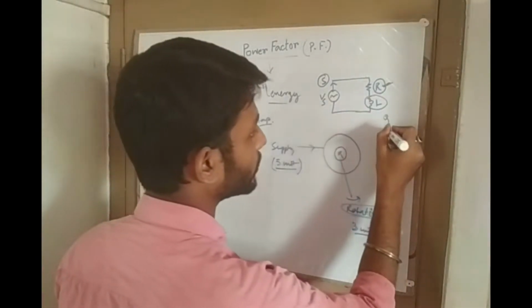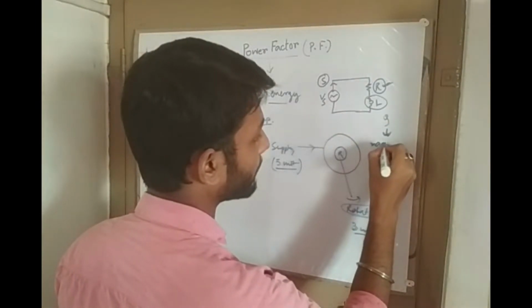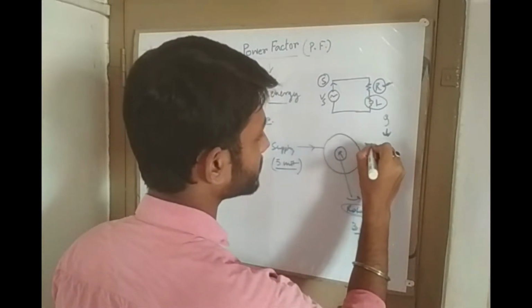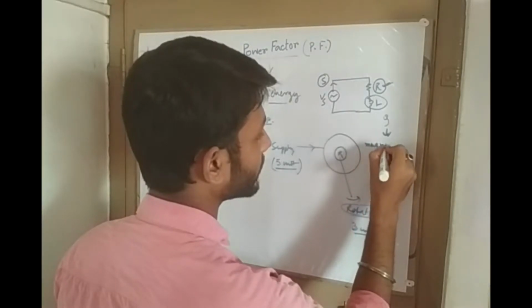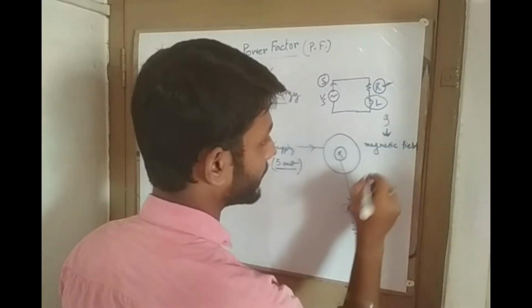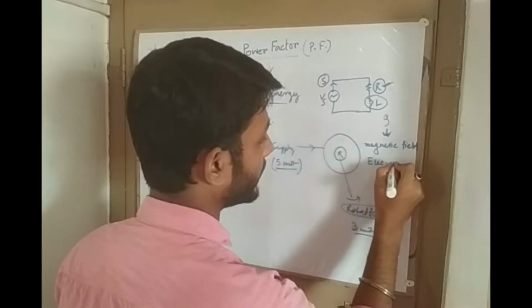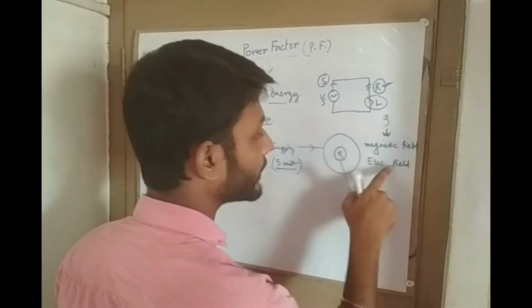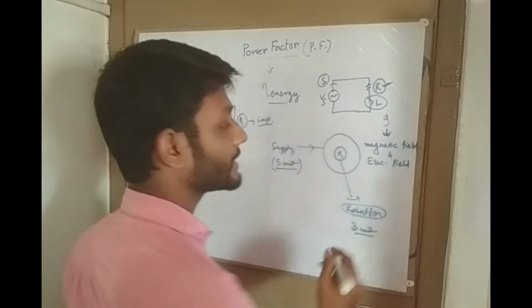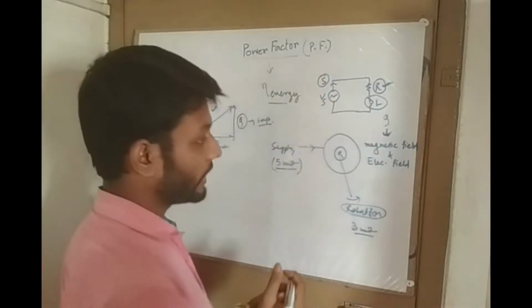So this Q is used in magnetic field or electric field also, such as solenoid coil, motor coil, it may be transformer coil.